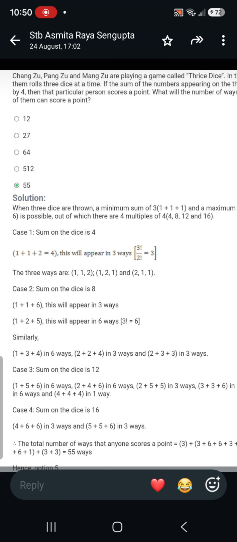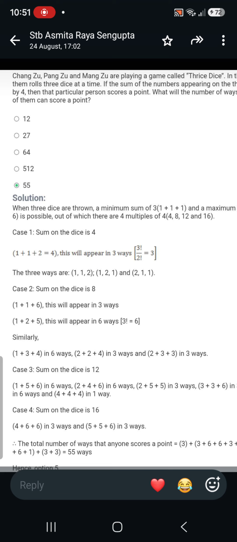Now we take the third case where the sum of the dice is 12. The sum can be 12 if we have 1, 5 and 6. This can happen in 6 ways, that is factorial 3, because all 3 numbers are different. Again 2 plus 4 plus 6 also gives me 12.